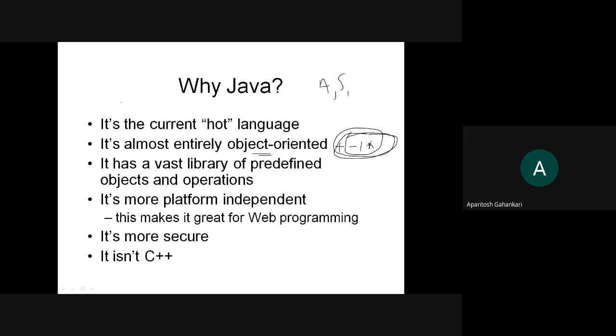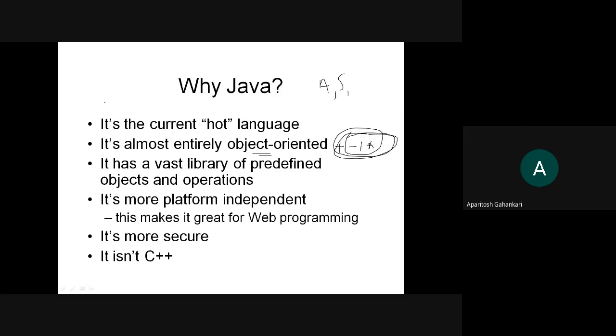That means now you have the freedom that you can run the Java program which is written on the Windows platform, and you can ship that program to a Mac machine, or Solaris machine, or any other platform.